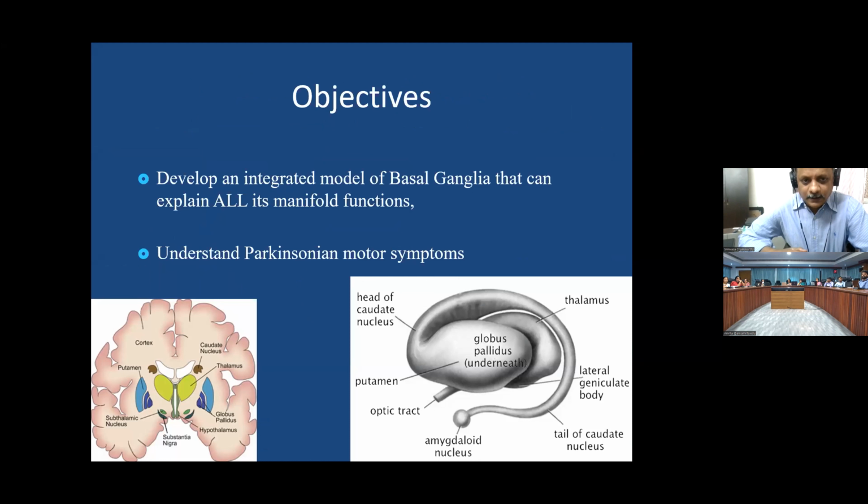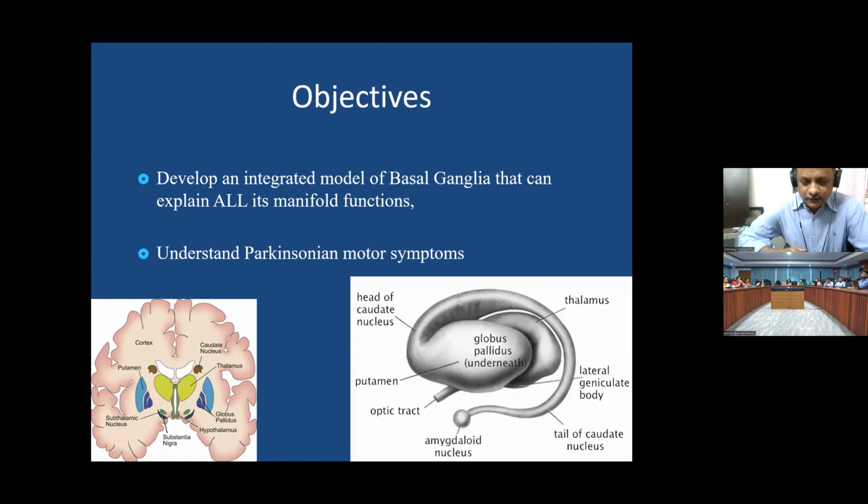Basal ganglia is important because, although it's a very small subcortical circuit, it has widespread contributions to various brain functions. In fact, it is involved in all four major domains of brain function: sensory motor function, cognitive function, affective or emotional function, and autonomic function, that is, control of the internal organs.